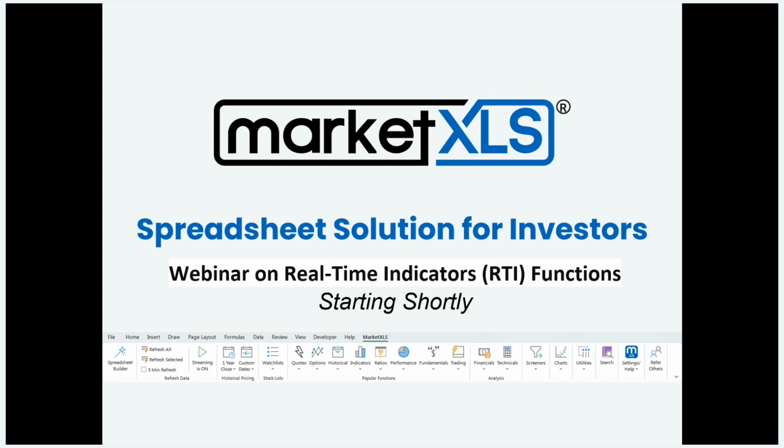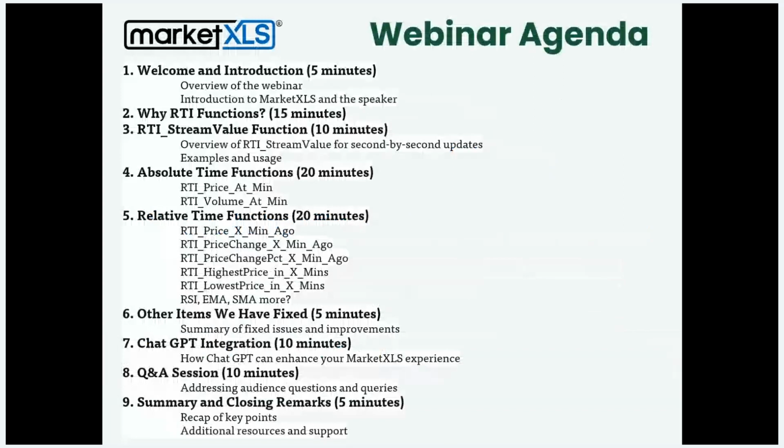So I think most of you already are aware of what MarketXLS does, but let's look at the agenda for our meeting today. We'll go through an overview about myself and MarketXLS, and then I'm going to talk about why MarketXLS has these new functions, which we are calling RTI functions, which essentially means real-time intelligence functions.